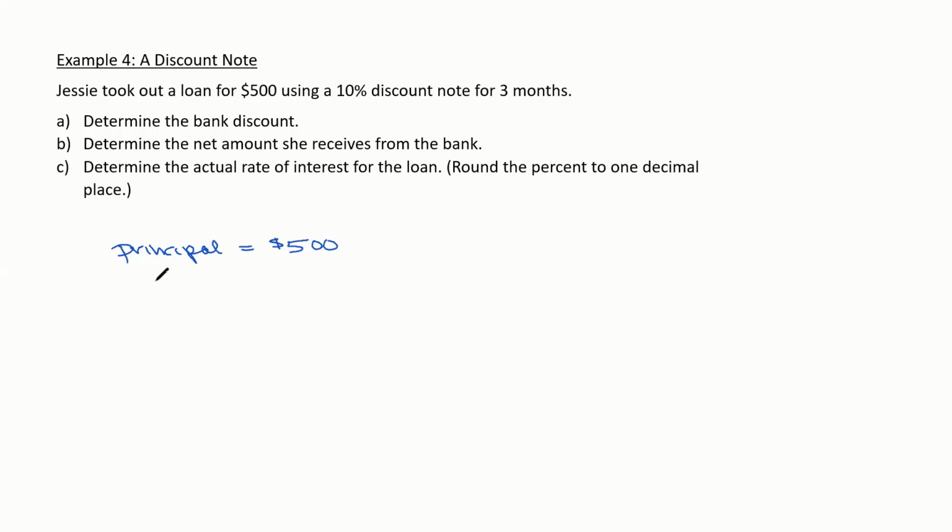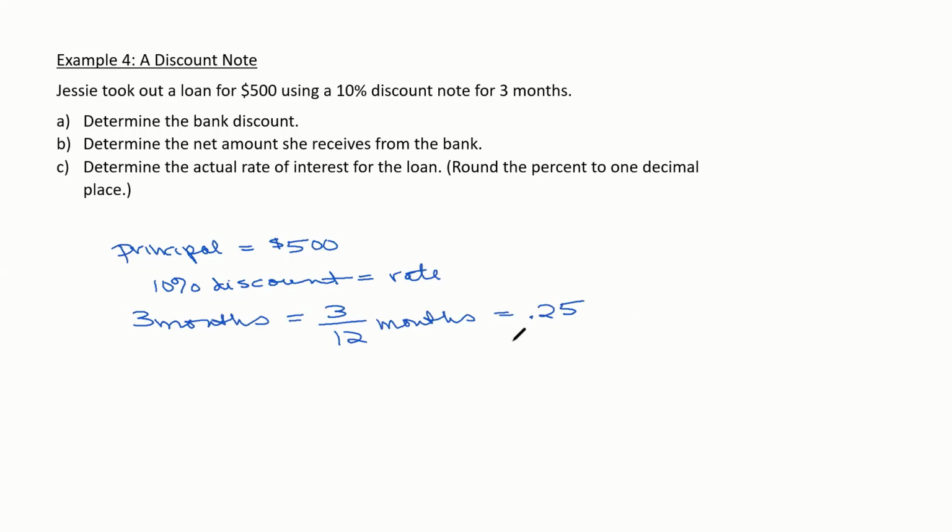We have a 10% discount note, so that's our rate, 10%. And we have 3 months, which we have to calculate out of a year. So 3 out of 12 months is 0.25. And what we're looking for is the interest. That's the bank discount.